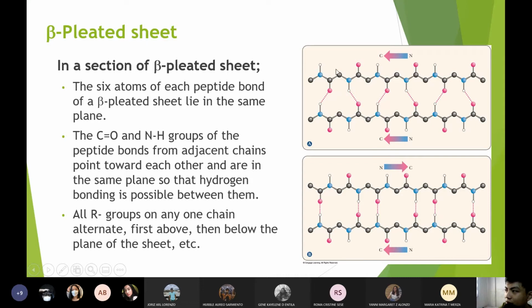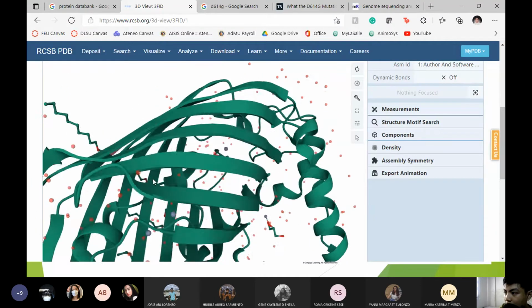So in the section of your beta pleated sheet, your amino acid residues are lying on the same plane, which is why it is flat. And the carbonyl and the NH group of the adjacent chains point towards each other. For example, this is one chain, this is the other chain. The hydrogen bonding exists between them so that they can stabilize the beta pleated sheet. Let's take a look at this structure here.